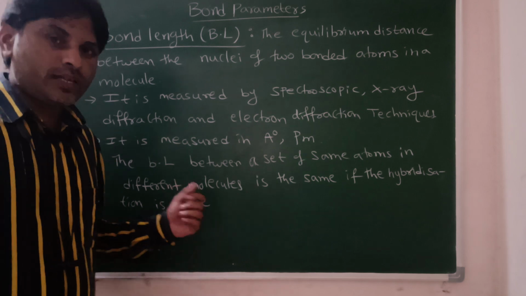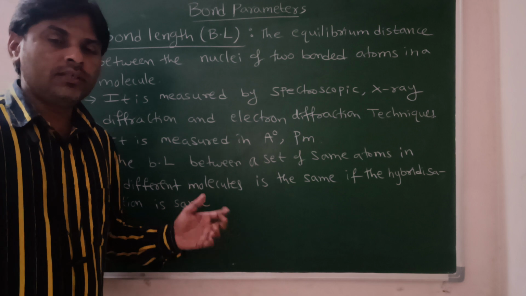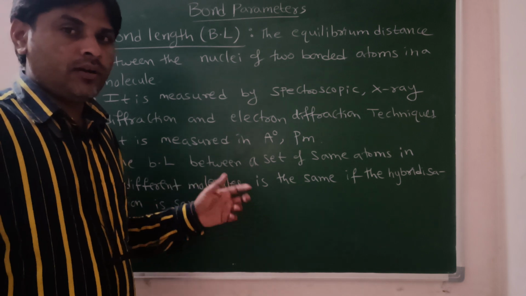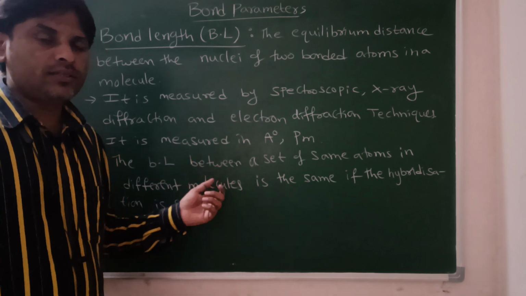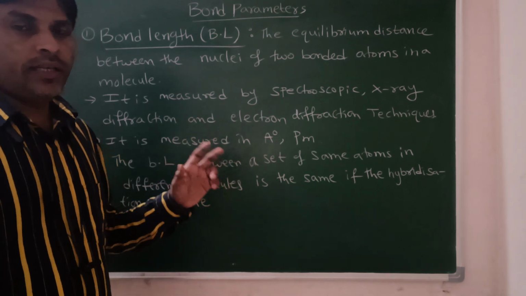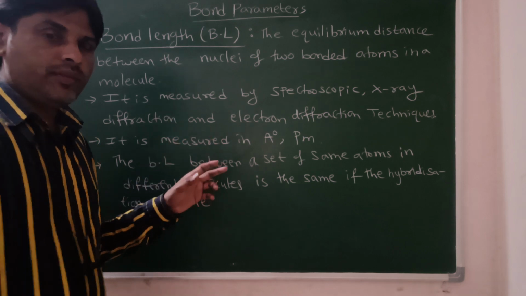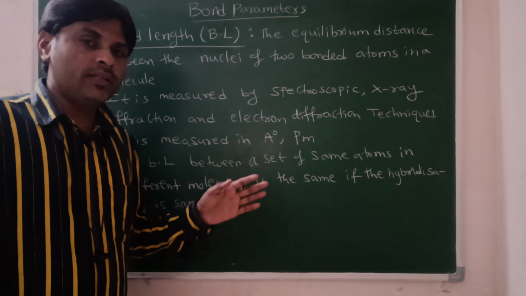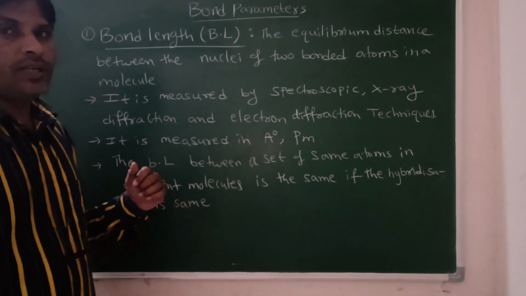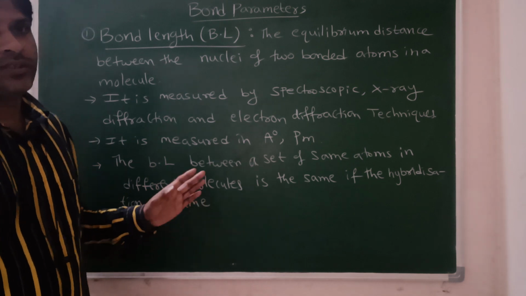If the hybridization is different, then the bond length between oxygen and hydrogen is different. The condition is that the hybridization is the same. If hybridization changes, then the bond length between the two atoms also changes.